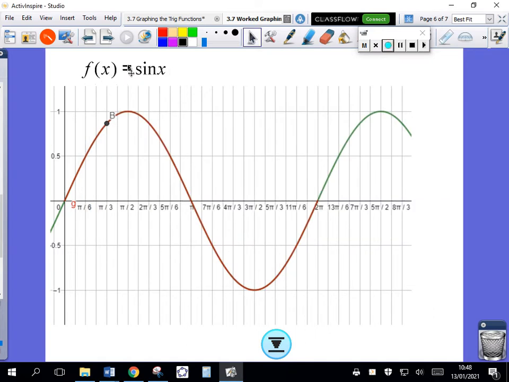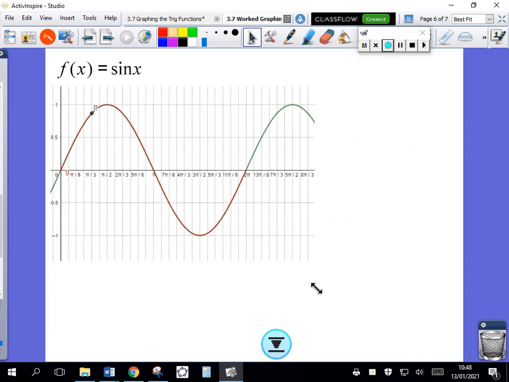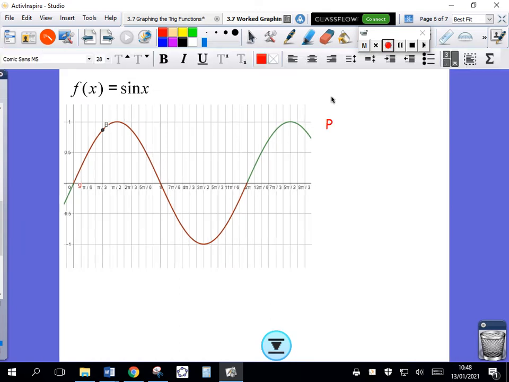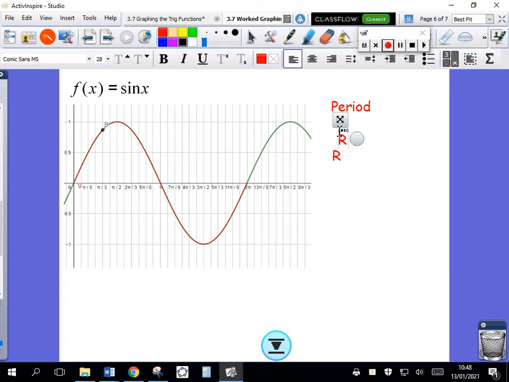And there are some important quantities you need to know when you're discussing the sine function. And I'll just make a list of what those are called. The first quantity you need to know is called the period of the function. You gotta know what that is. You also have to know what's called the range of the function.